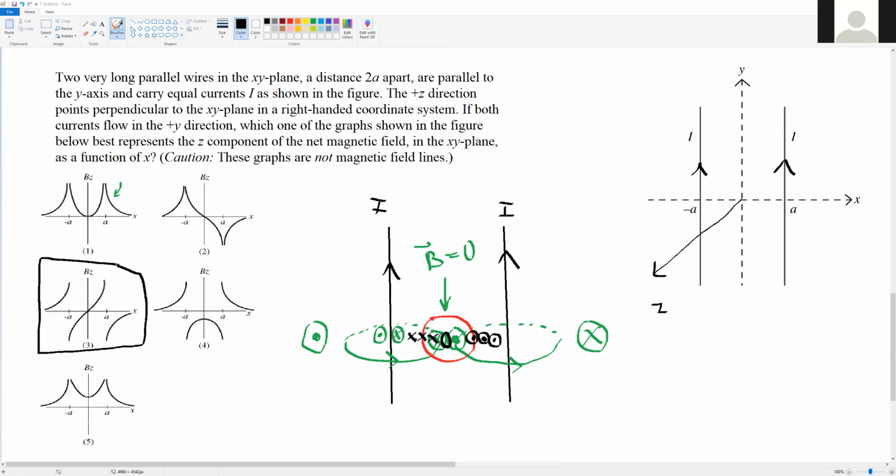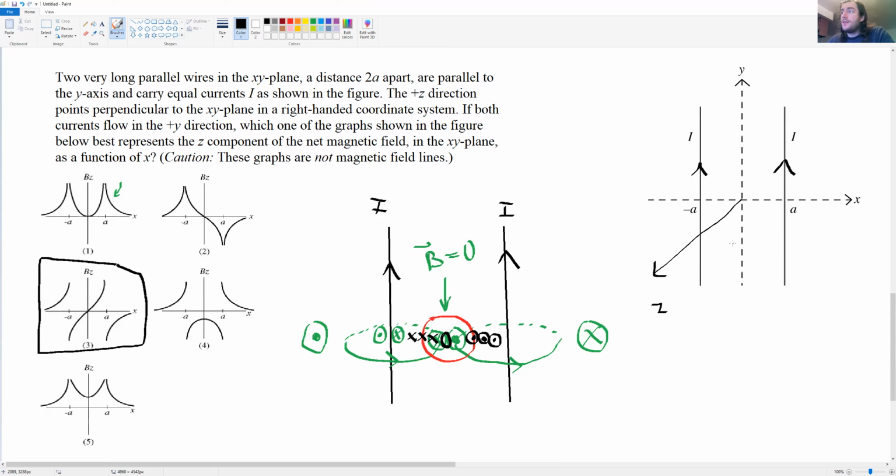Well, how did you know it's positive or negative again? The way we determine that is that we're interested in the z component, right? So it depends on if it's in the positive z direction or the negative z direction.